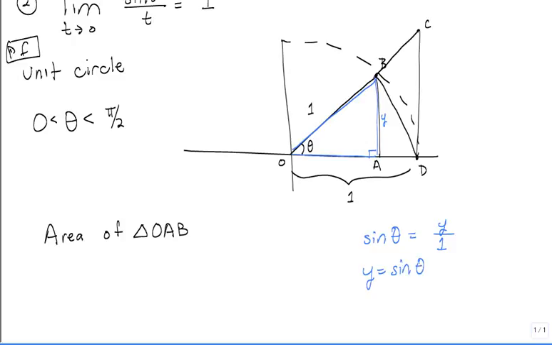And let's let this be y, and the sine of theta is opposite over hypotenuse, so y is equal to sine theta. Now remember, the area of a triangle is 1/2 the base times the height. So we'll do the triangle OAB: 1/2, the base is OA, and the height is sine theta.